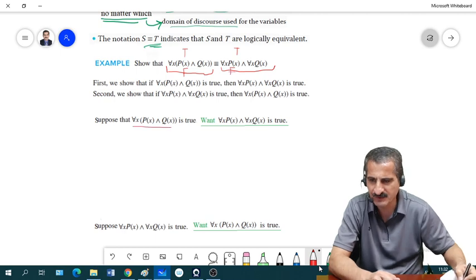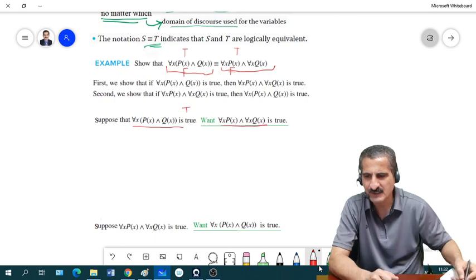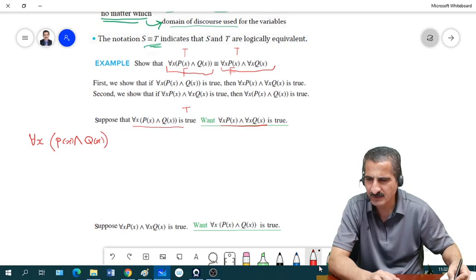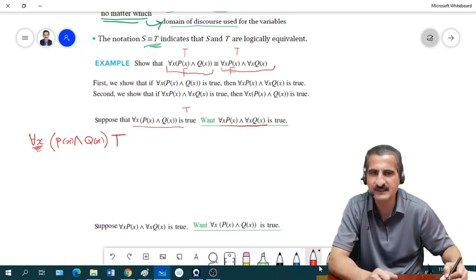Assume this is true. We want to show this is true. Okay? Now, since this is true, let me write it here. For all x, p of x and q of x is true. So for all x, this is true.